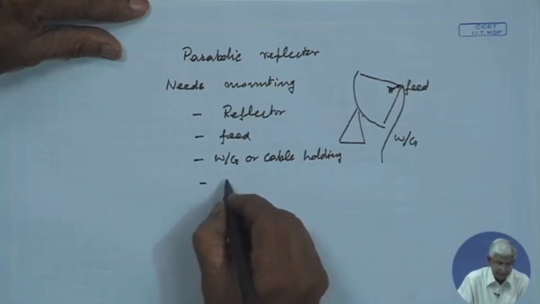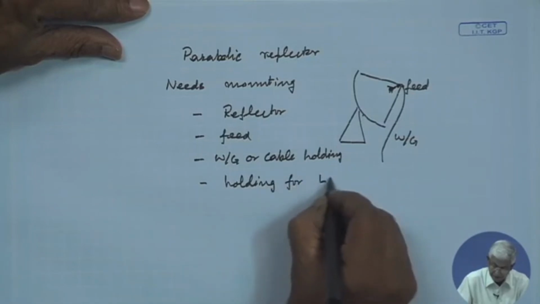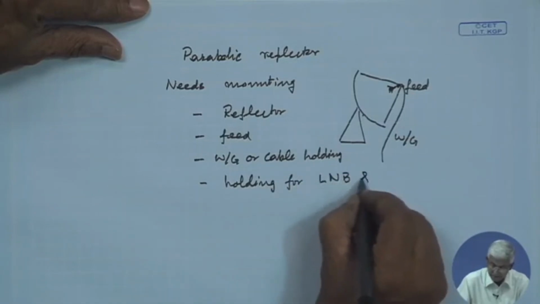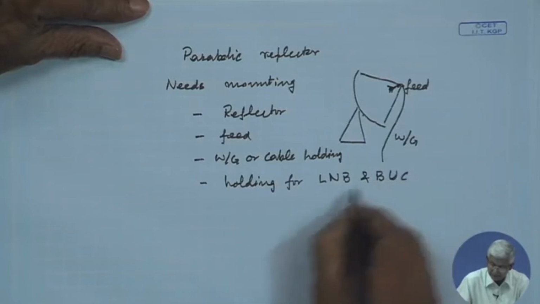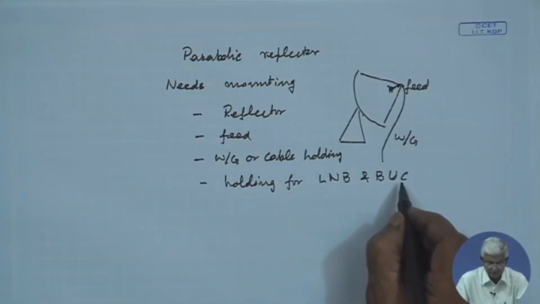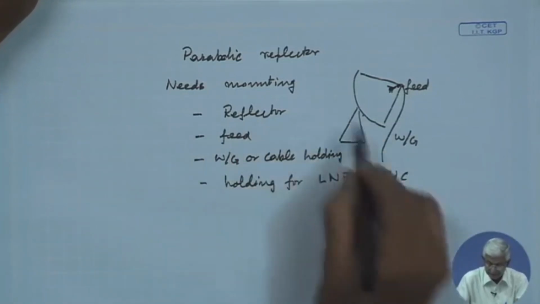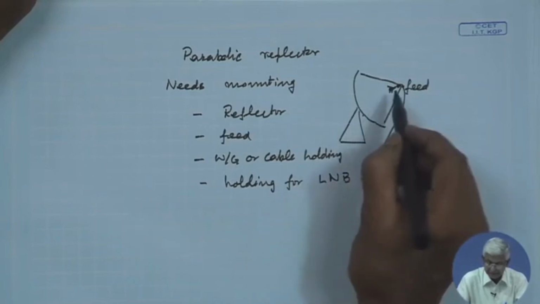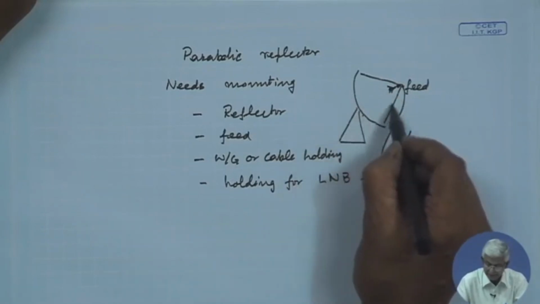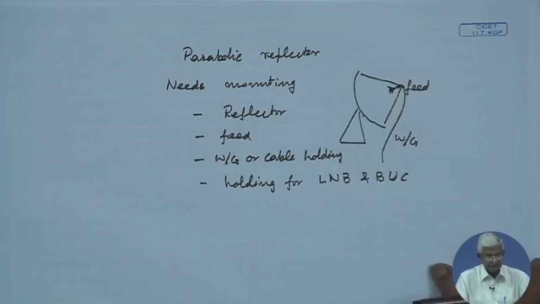So, that is the holding for LNB and BUC, that is low noise block converter or block up converter, as we discussed earlier. So, this mounting arrangement and the radiation which is happening from the feed will interact, and let us see the different types of mount that are used.